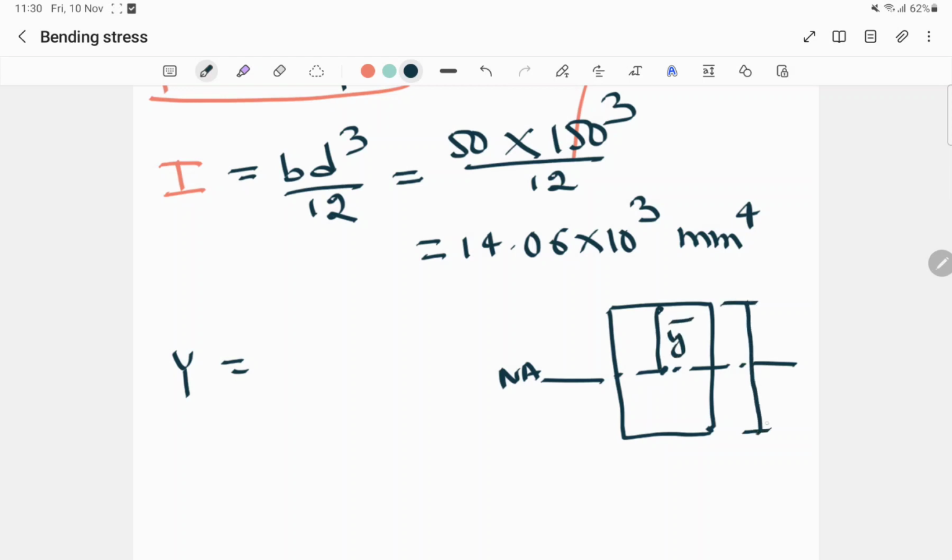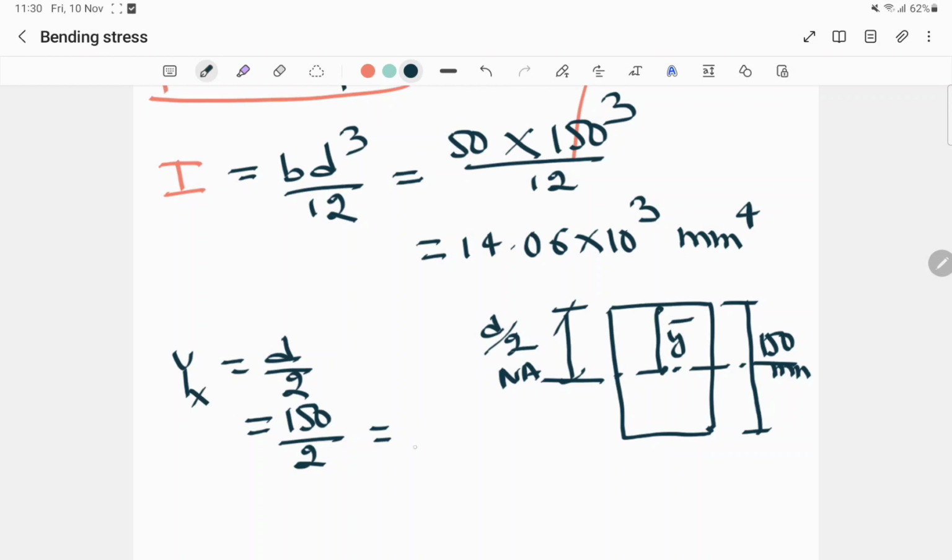We know the overall depth is 150 mm, so this distance will be d by 2, which is 150 divided by 2. Then we get the value of y about the x axis as 75 mm.